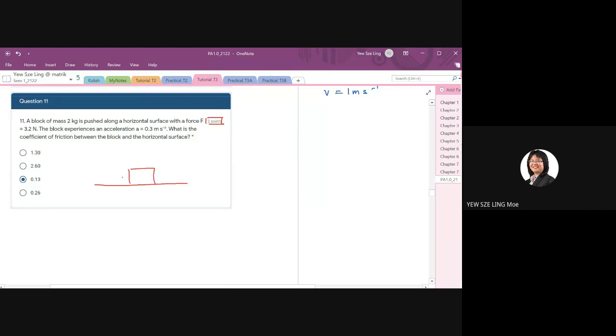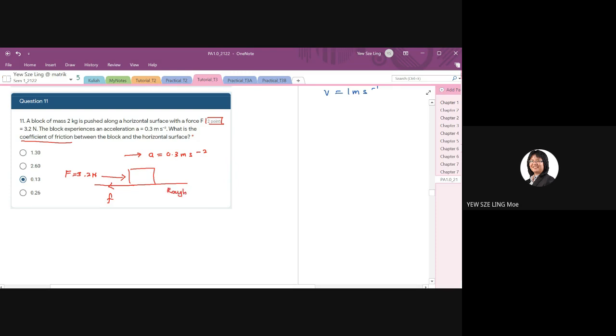Now you push it with a force F equals 3.2 Newton, and it experiences an acceleration a equals 0.3 m s^-2. What is the coefficient of friction? Now, based on this statement, it tells you you have a frictional force acting in the opposite direction. So this is a rough surface.